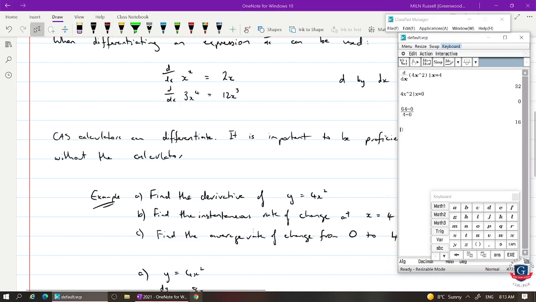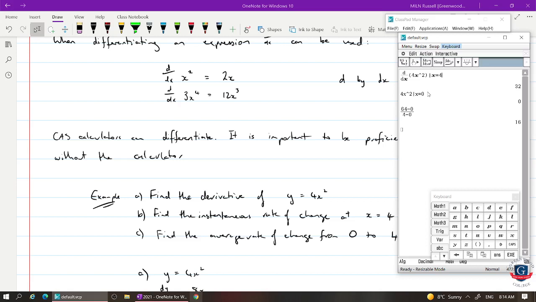If we want to find the average rate of change when x equals 4, we would have to find the y value when x is 0.